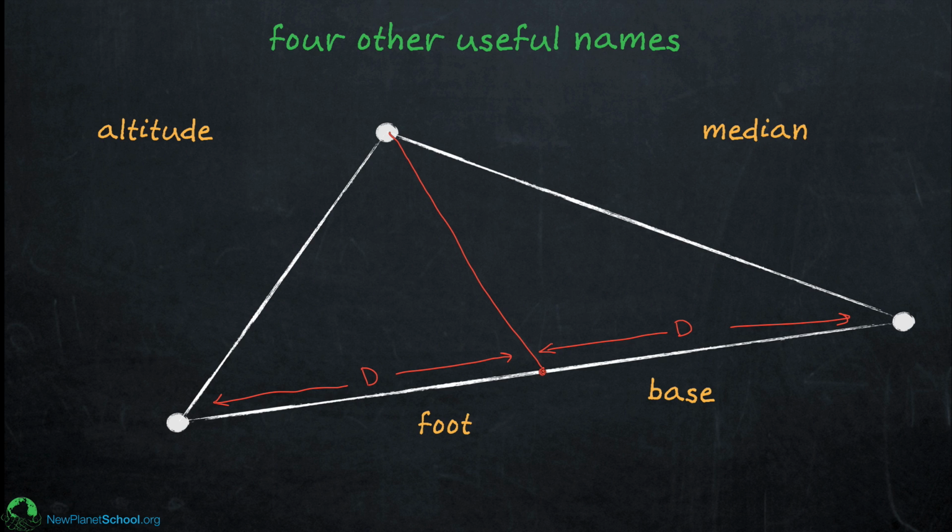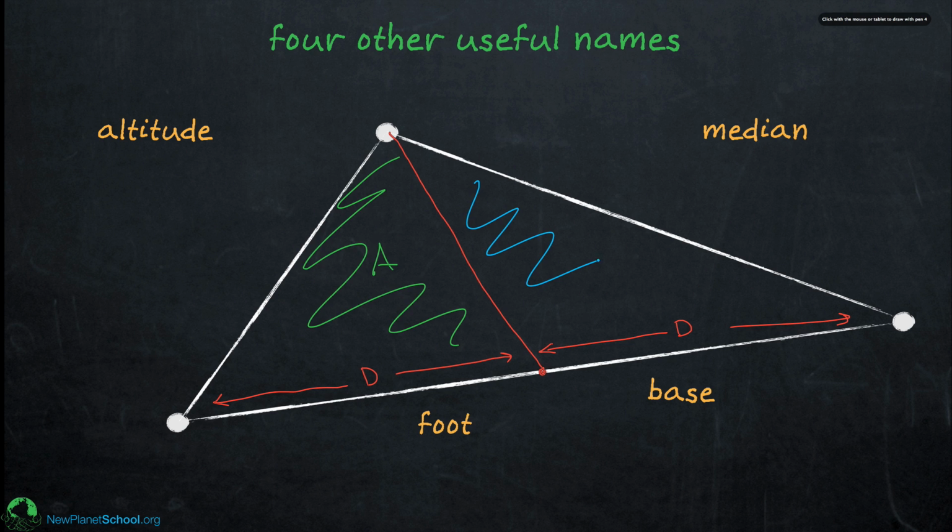One, if I do this, the area of this triangle here, the blue area, and this area over here, the green area, turns out that A blue equals A green.